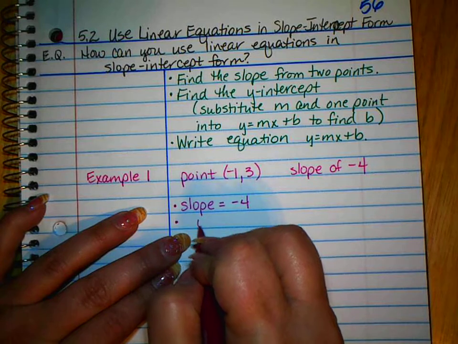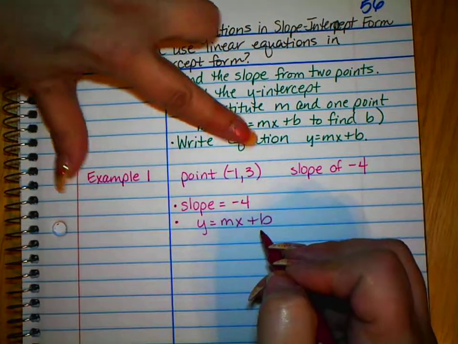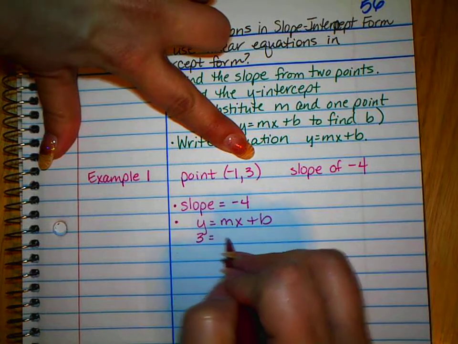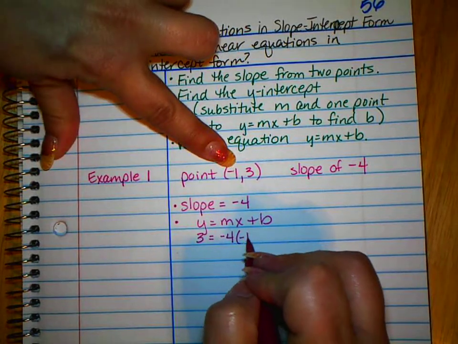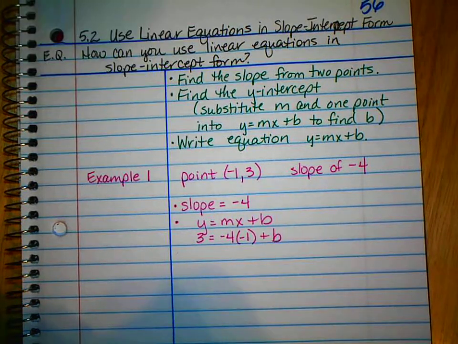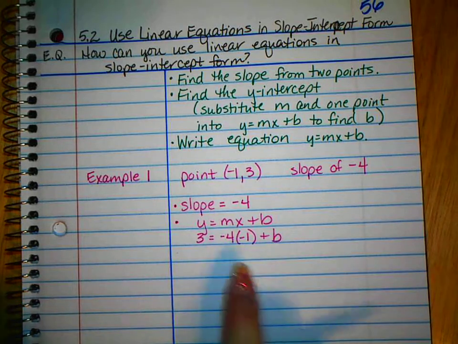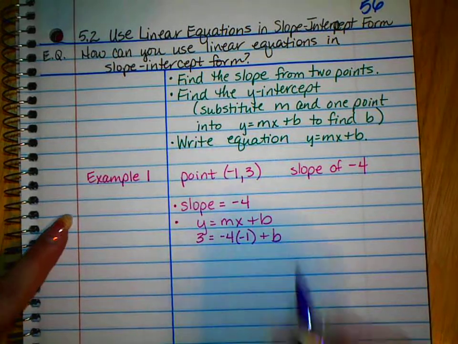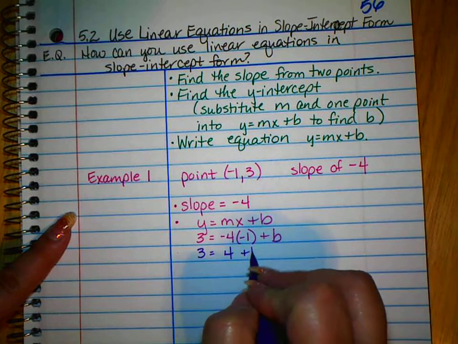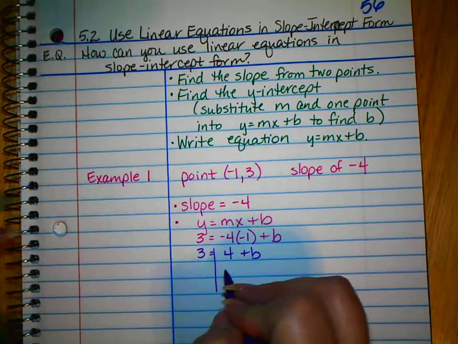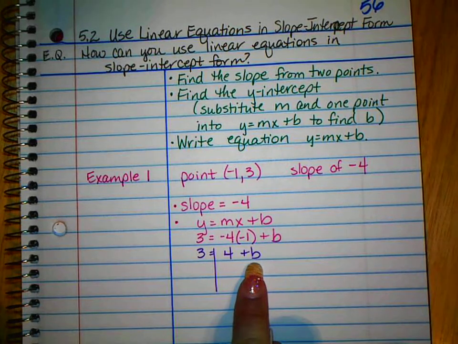So I'm going to take y equals mx plus b, and I'm going to substitute in y, the slope, the x, and now I'm going to solve for b, which means I need to do that multiplication first, which gives me 4, and then I have to move it away because I want to solve for this.